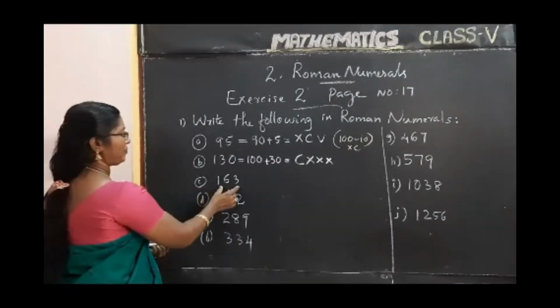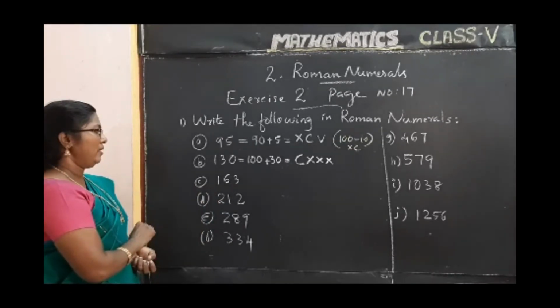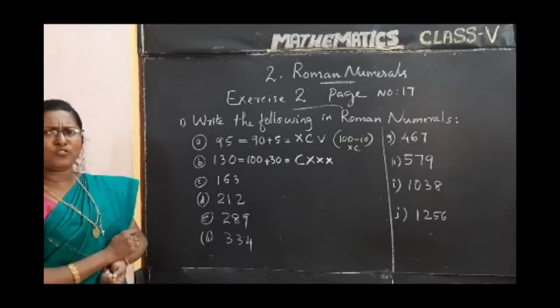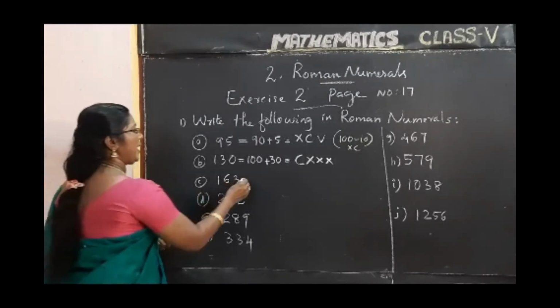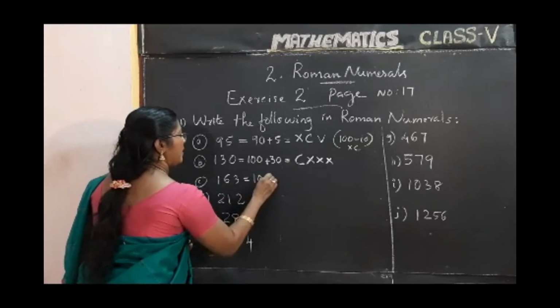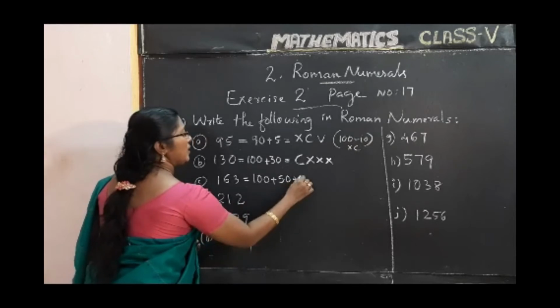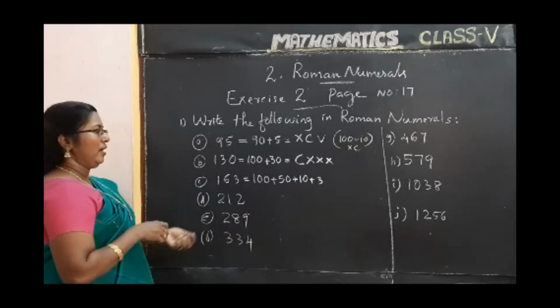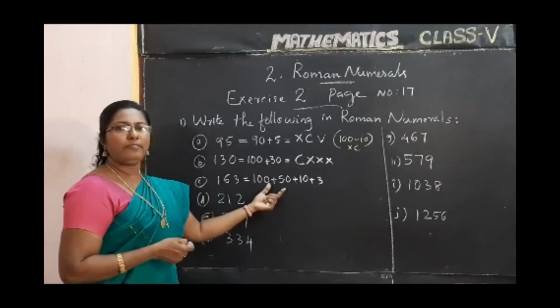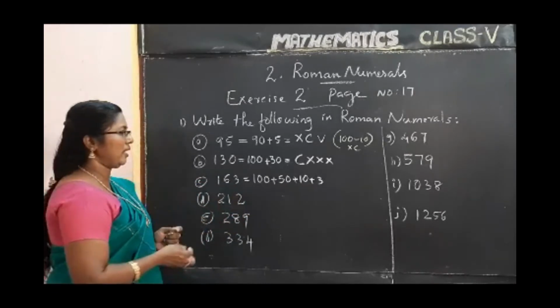Then, 163. How will you split this 163? 163 can be written as 100 plus 50 plus 10 plus 3. Okay. 100 plus 50, 150, 150 plus 10 plus 3, 163.